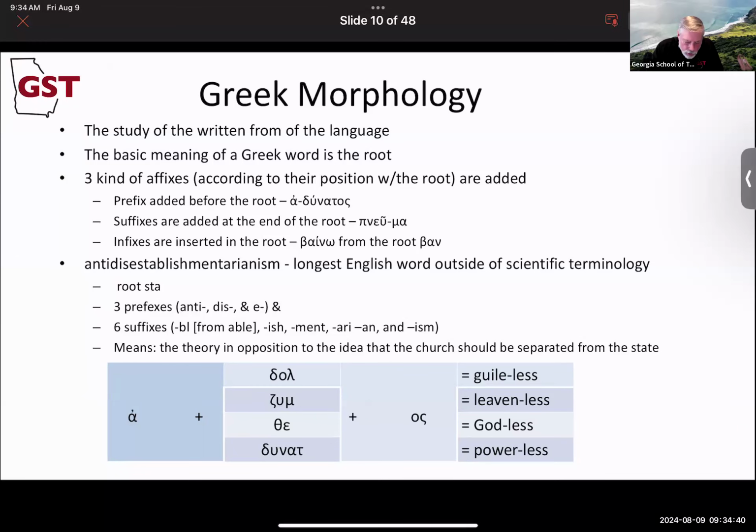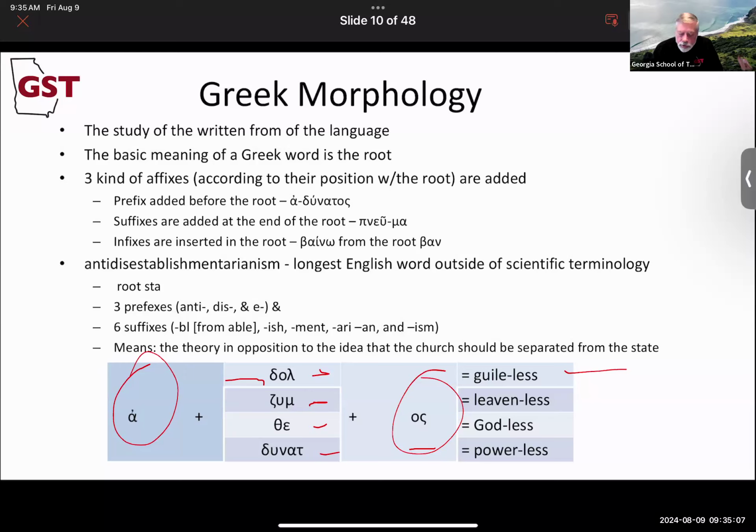So the root is dal, and there's a prefix, the alpha, and a suffix, the os. And so when you put it together, you get adalos, which means guileless or without guile.